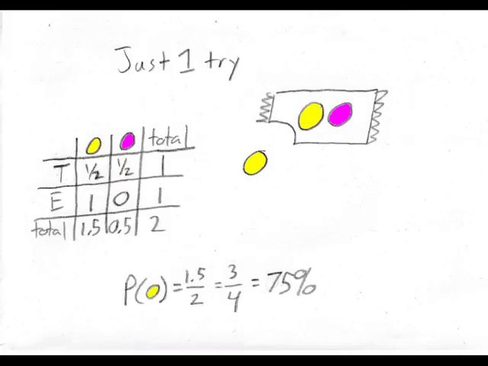When we pulled out just 1 candy, all we have to do is add 1 to the experimental count on the yellow side and update our probability for a yellow coming out. The total count for yellow is 1.5. The total count is 2. So the probability of a yellow being next is 3/4 now.